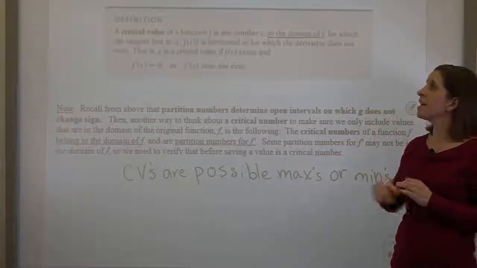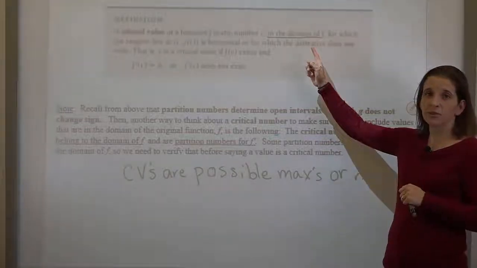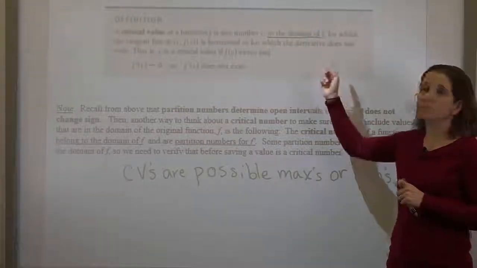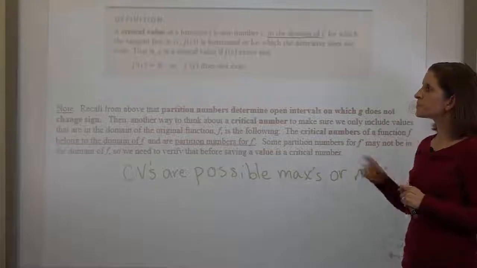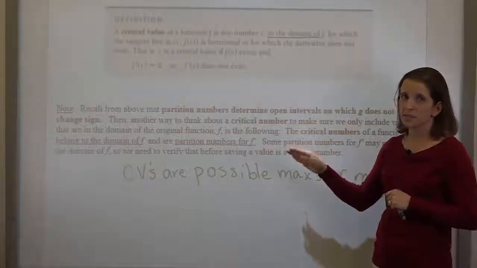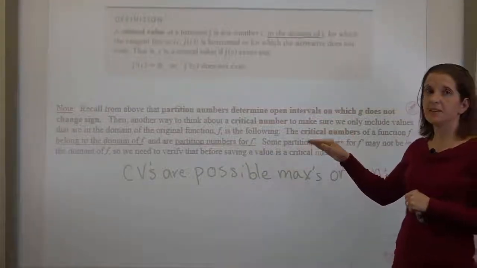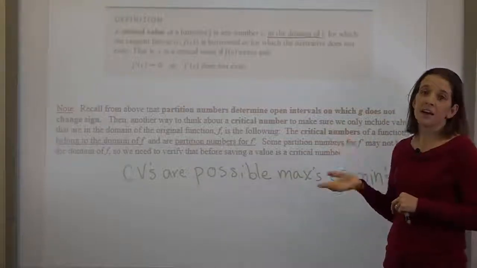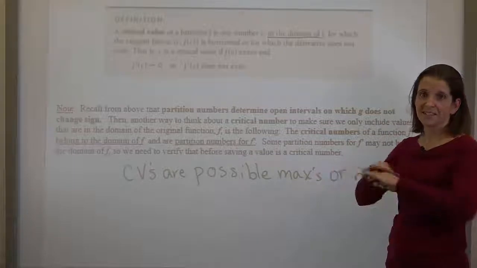So the key there is that the x value that we're referring to that makes the derivative either equal 0 or not exist has to be in the domain of the original function. A partition number of the derivative, so not of the original function but of the derivative, would be a place where the derivative equals 0 or does not exist. End of story.